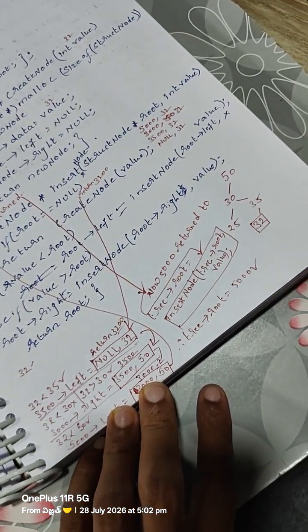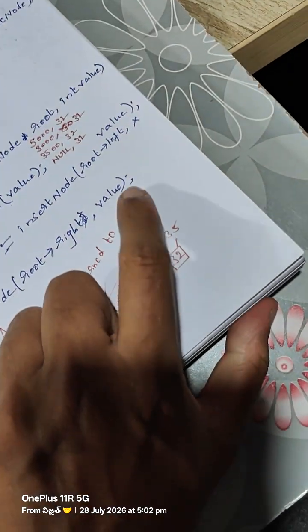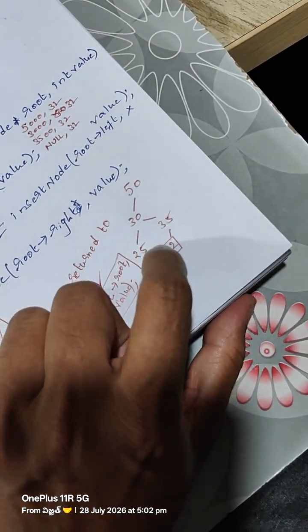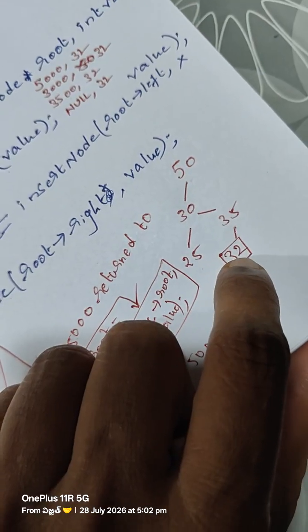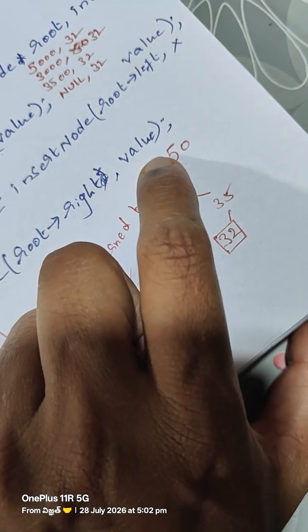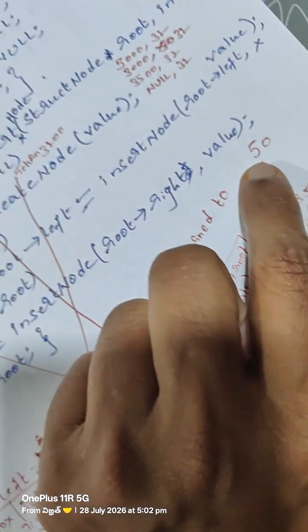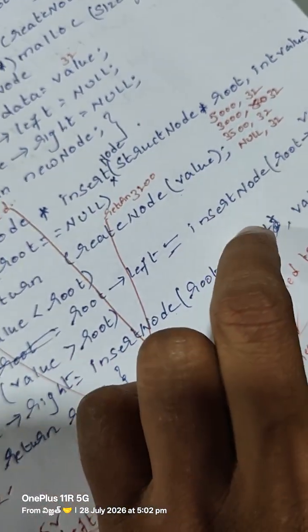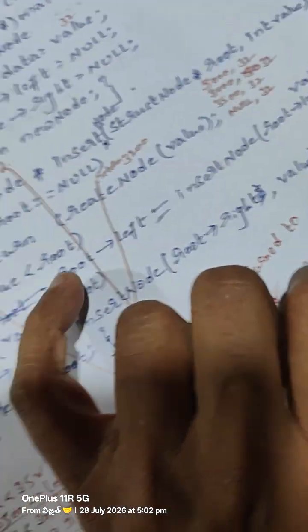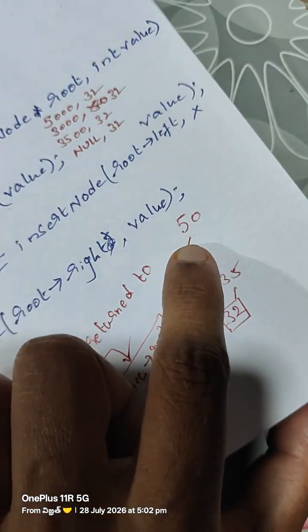See how I'm practicing. When I want to insert the data 32, first I need to insert 50. Later, when I'm inserting 32, now you need to compare where to insert 32.